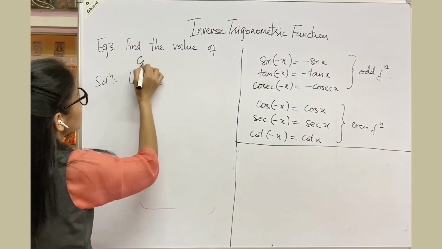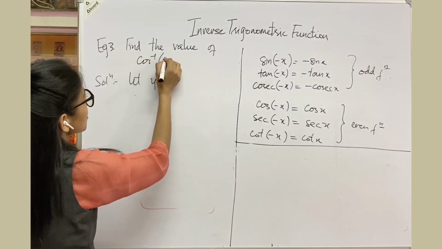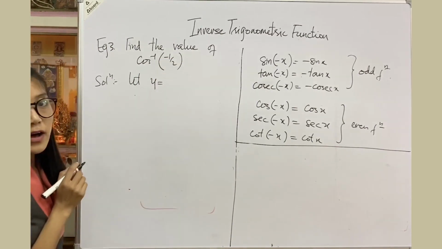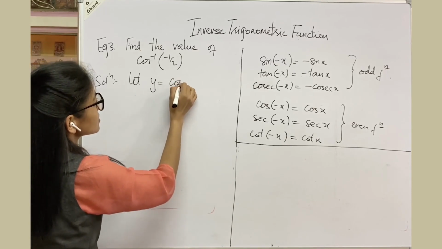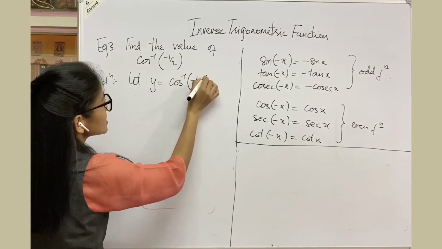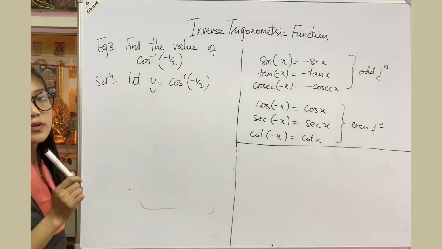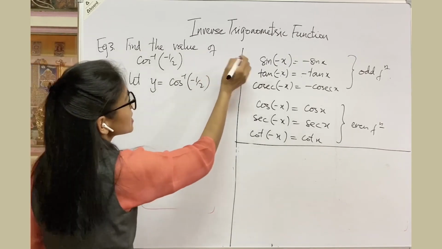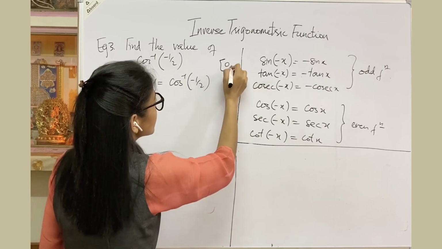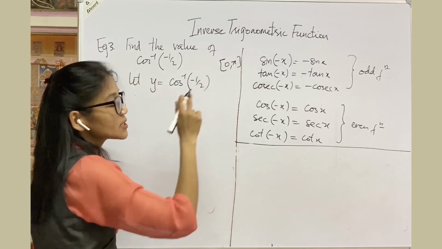Find the value of cos inverse of negative half, okay? Now you start like this, let y is equals to cos inverse of negative half. So you have to find the principal value of cos inverse, for which you need the principal branch of cos inverse, which is, you just write it in a rough side. Okay, so that is closed interval 0 to pi.